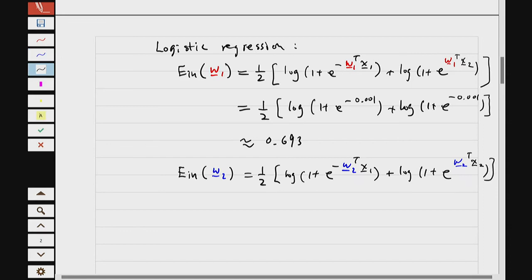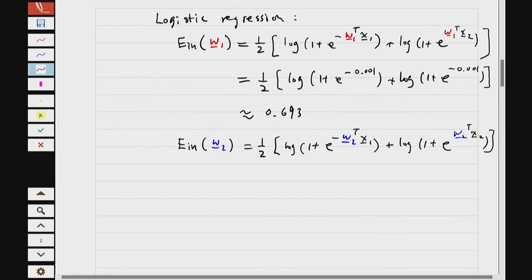Again here, W2 represents the second line, x2 represents the second data point. They're totally different things, those two subscript 2s. Be very careful. That's why I want to use colors to separate them.